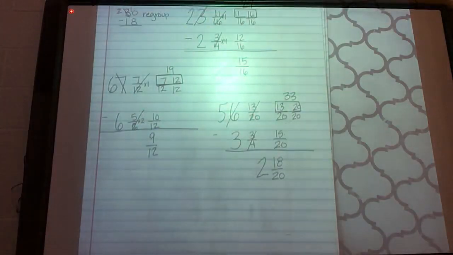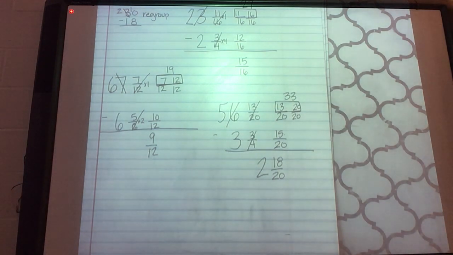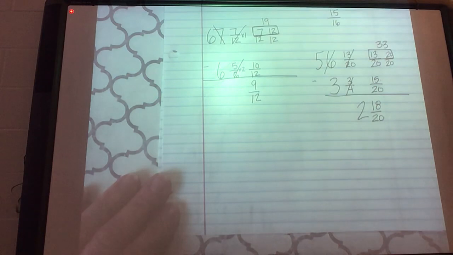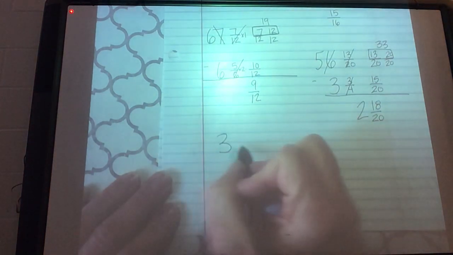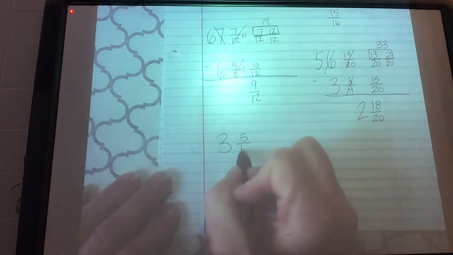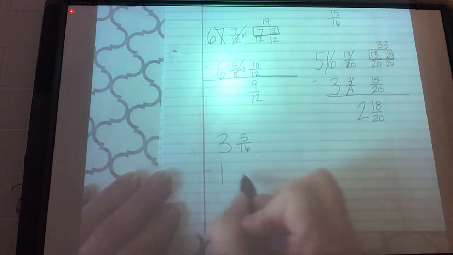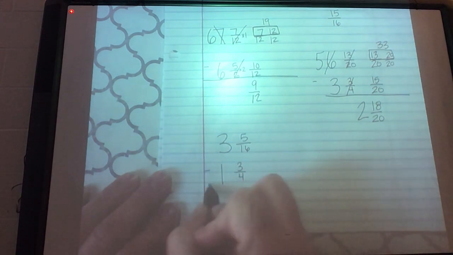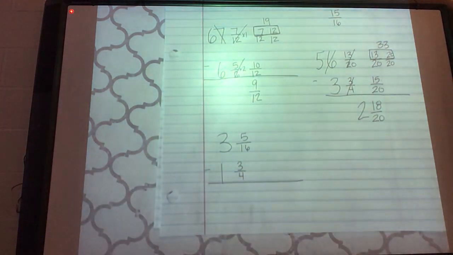All right, I want to see how far you can get. Try this one: 3 and 5/16 minus 1 and 3/4. You might only get your new fractions, and it's okay to get stuck, because when we get stuck, what is that?